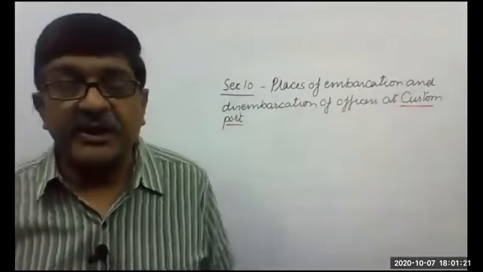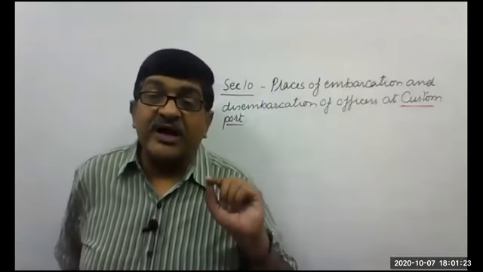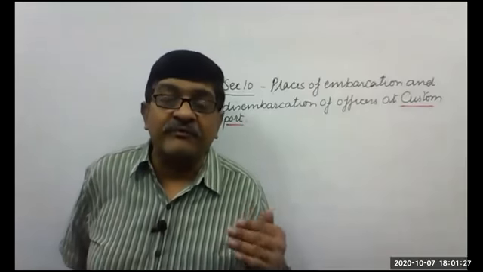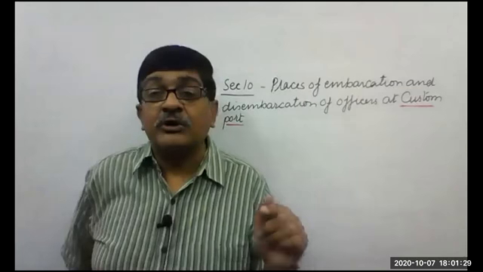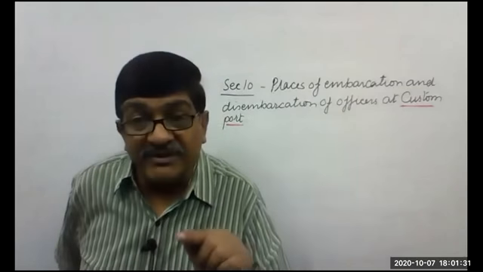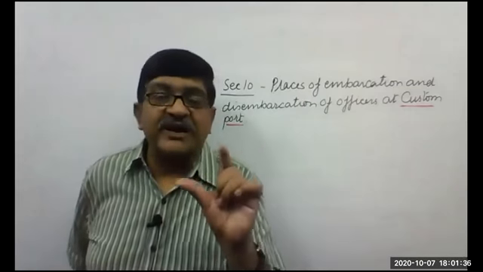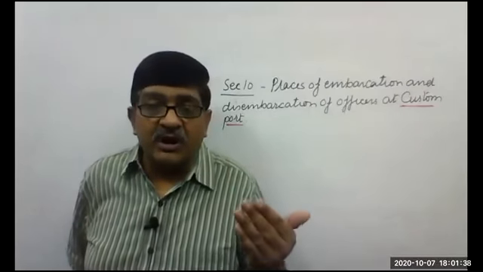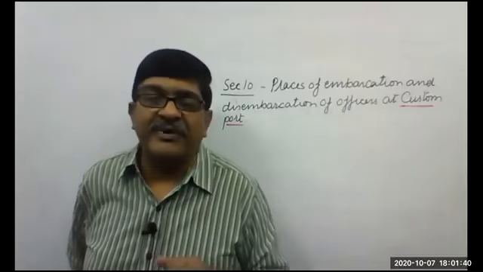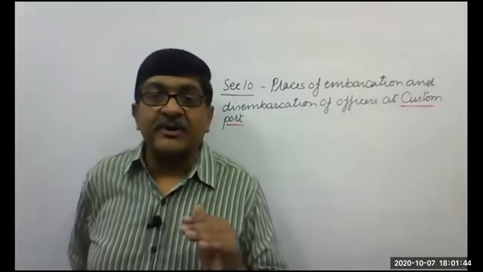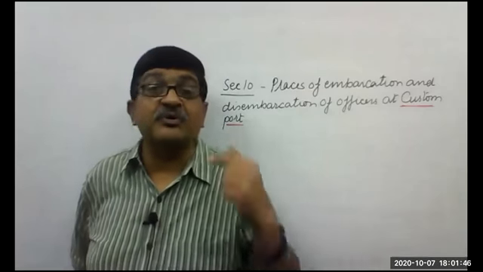This section is saying that the commissioner having jurisdiction at the custom port can fix the places from where an officer can embark on any vessel and also the places where the officer should disembark. Within that area only, officers will have the authority to embark and disembark. Because that area is under the total control of the custom department, and this provision is meant for the safety of the officer.